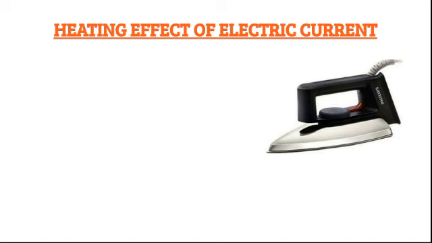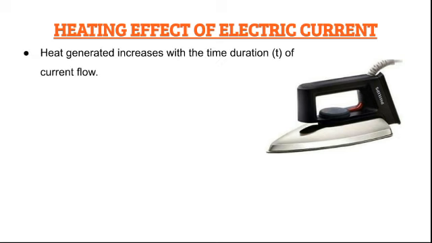So we can say that the heat generated depends upon duration of current flow. If the duration of current flow is greater, heat generated also will be greater. That is, heat generated increases with the time duration of current flow.